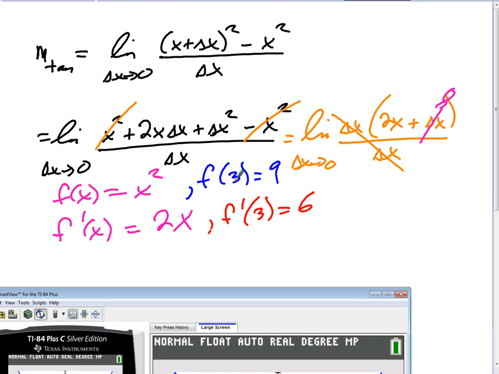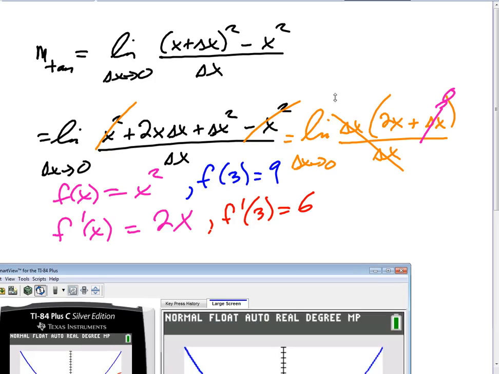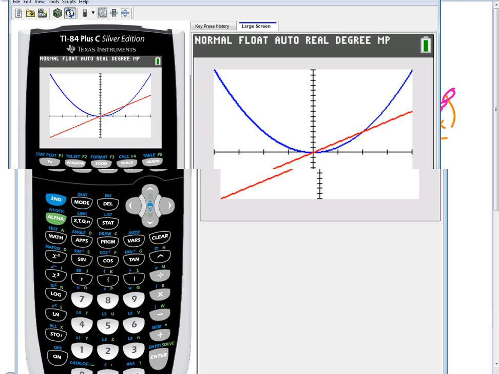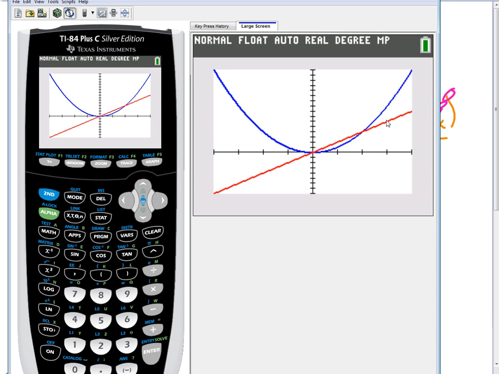If we evaluate the blue function at 3, it gives us back 9, because f of 3, 3 squared, is 9. The value of the derivative function at x equals 3 is 6. And so what that's telling us is the slope of the blue function right there is positive 6. Because it's skewed, it doesn't look like positive 6, but we can see that in the value of the red function.